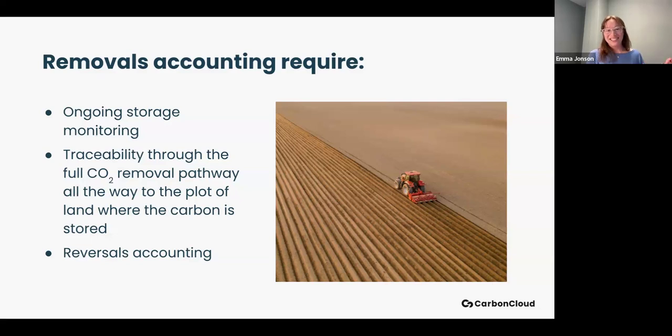And then you need also the monitoring of that piece of land. And third of all, the reversals accounting. What does that mean? That means that even if you did have monitoring and you did have the traceability, you need to continue the monitoring year after year.